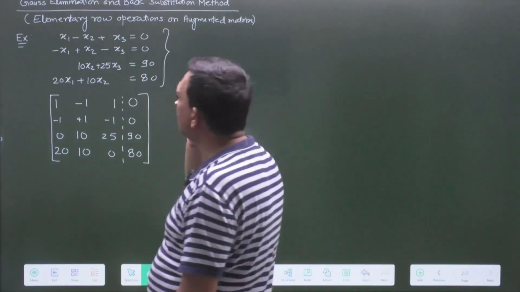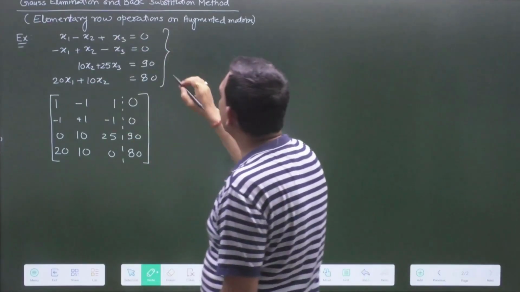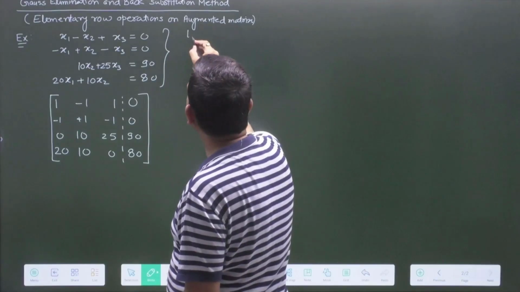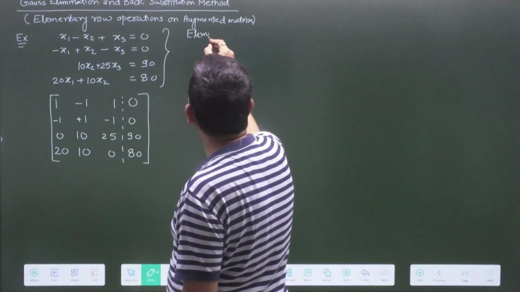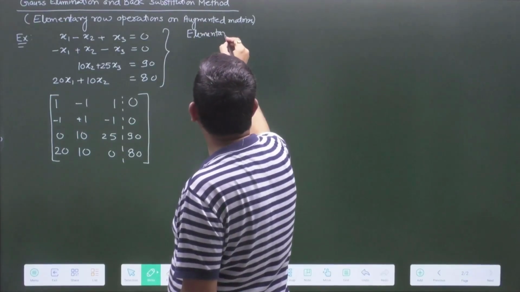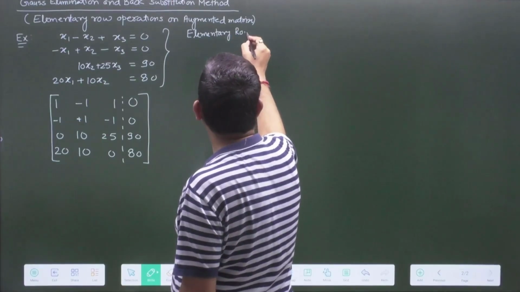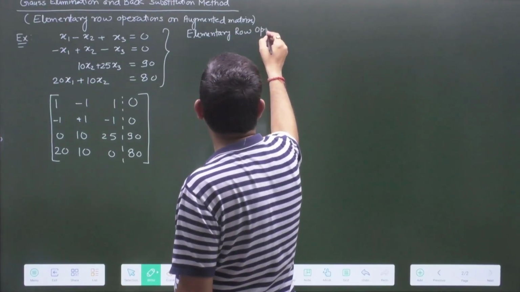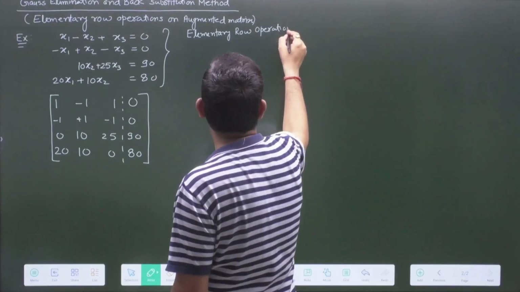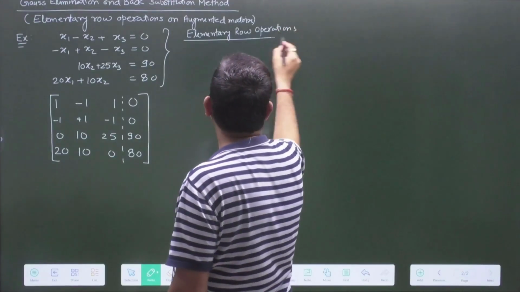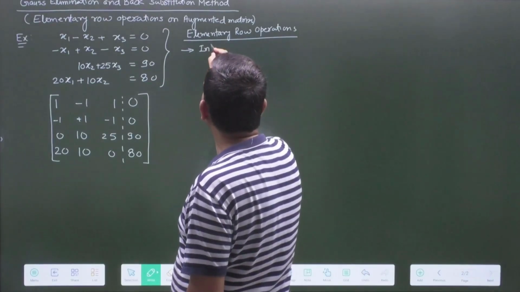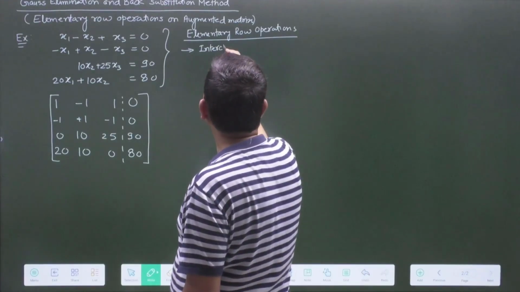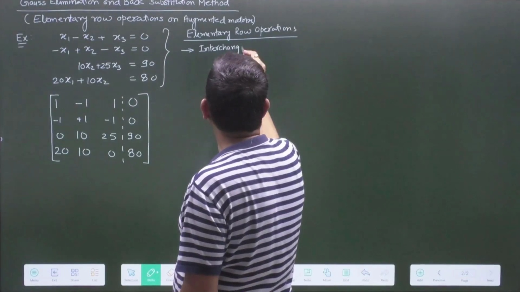Now, what are elementary row operations? The first is interchange of rows.